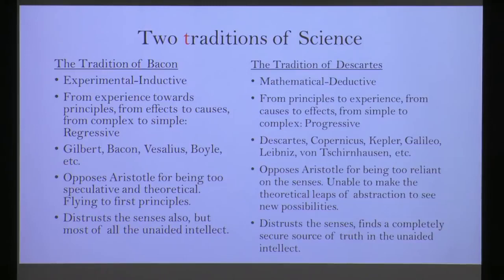So the tradition of Descartes, obviously, distrusts the senses, actually so far as to say the senses do not reveal the truth at all, except down the line, to the extent that they are guaranteed by an inner intellectual foundation. And it finds complete source, as I said, in the unaided, or as Descartes would say, the uncorrupted intellect, right?